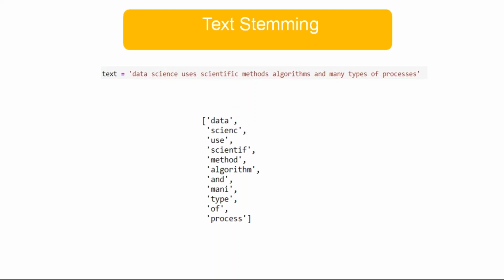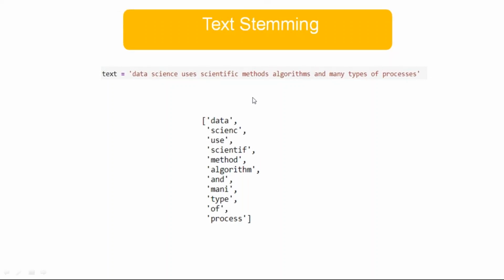In the lemmatization process, the output is a lemma, which means the actual word. So this is the main difference between stemming and lemmatization. Stemming doesn't focus on the actual word, but lemmatization will always focus on the actual word, which you will find in the dictionary.